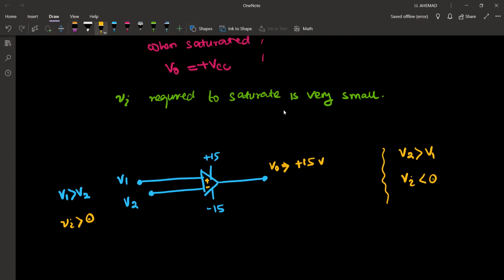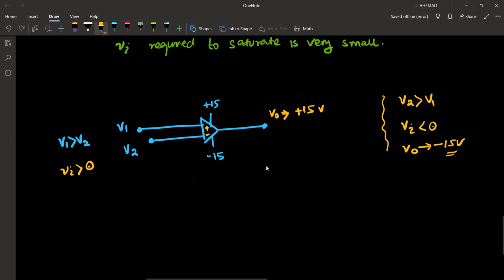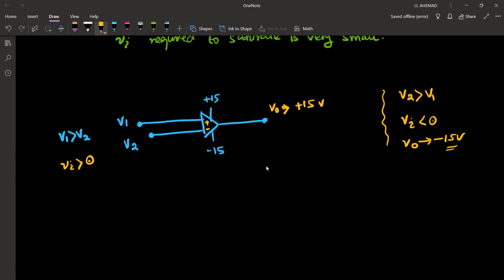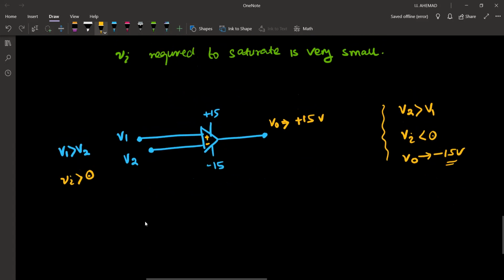So you get Vi less than 0. When Vi is less than 0, in which side will it saturate? Plus 15 or minus 15? It goes to minus 15. Okay, is that point clear?